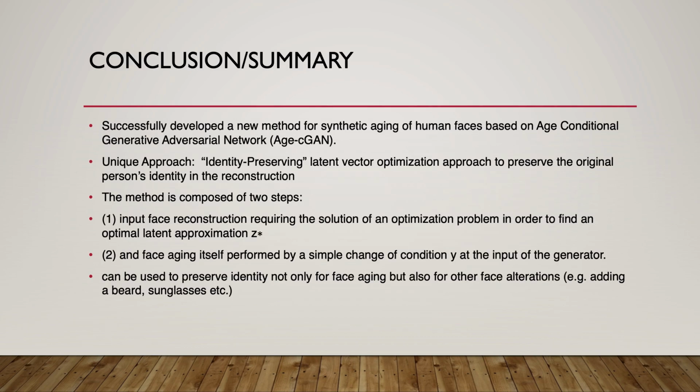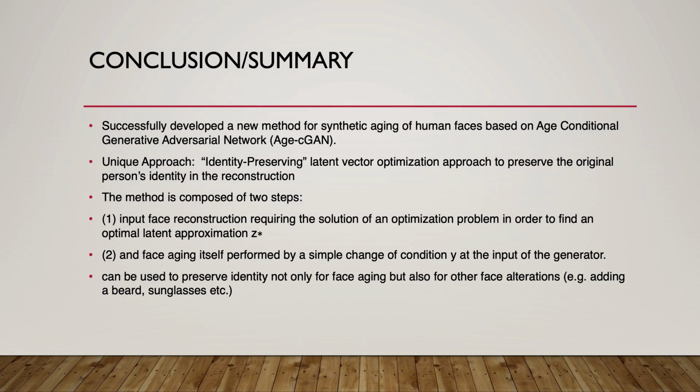Also, their unique approach of identity preservation using latent vector optimization to preserve the original person's identity in the reconstruction was a key factor for them, which they managed to achieve.